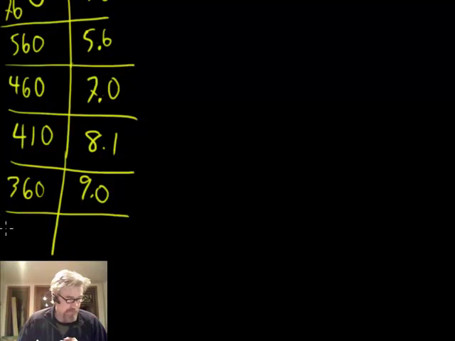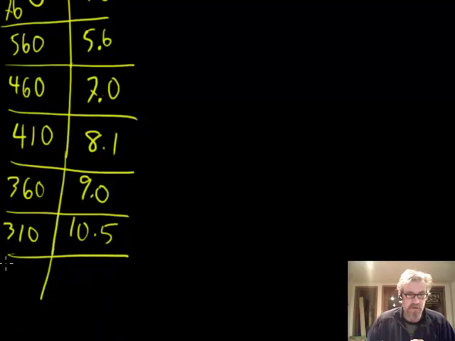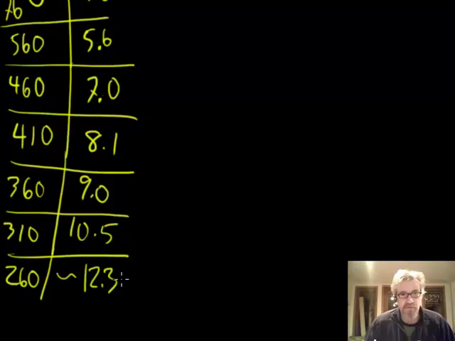At minus 450, which is 310 torr of pressure, our volume was 10.5. And then the last measurement we made was a little uncertain. It was minus 500, which would put us at 260 torr, 760 minus 500. And it looked like the volume was about 12.3, although we were off the scale, so it might be a little hard to tell.